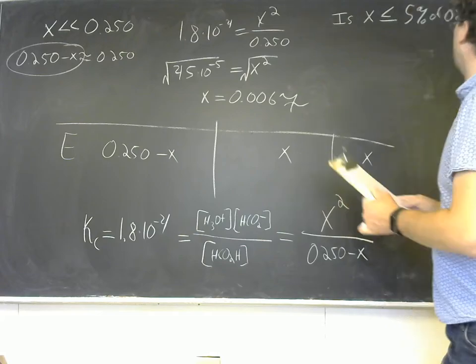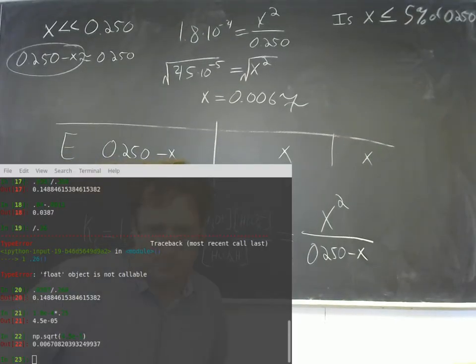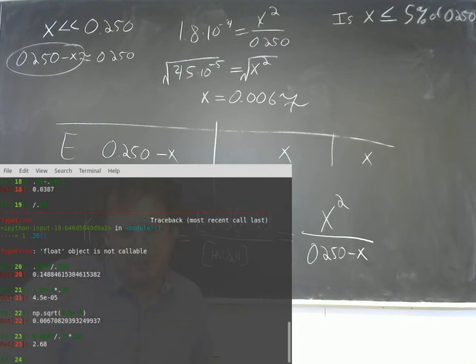And so let's figure out what that is. 0.0067 divided by 0.25 times 100%, and it looks like it was about 2.68%. So it is below that 5% threshold, and if we only get 3 sig figs, then that's good enough. 5% is your magic number.